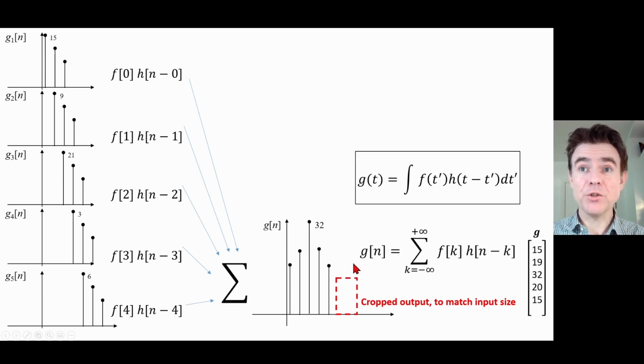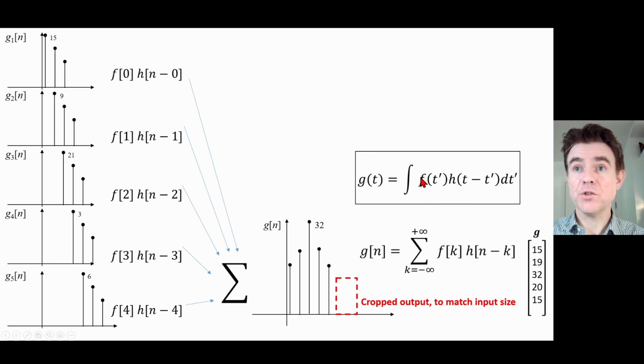That's all it is. And now this links very obviously with the continuous form of the convolution integral, where here f of k is now replaced by f of t prime. So k was my index of summation. Here t prime is my integration variable. So just like k here allowed me to visit all of the values of the input function f, here t prime allows me to visit all of the values of that input function f, and then each of those values behaves as a scaling factor for the response function h of t shifted to the location of each of the impulses.